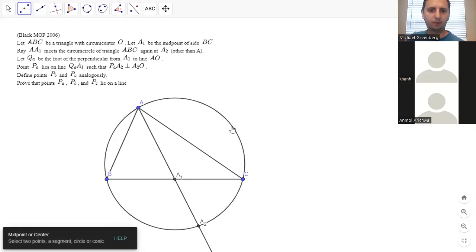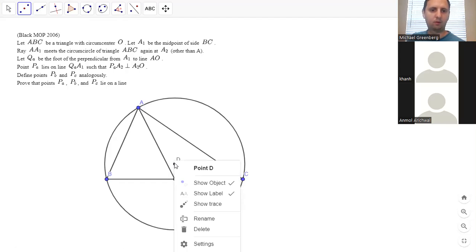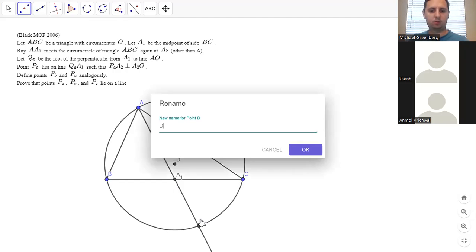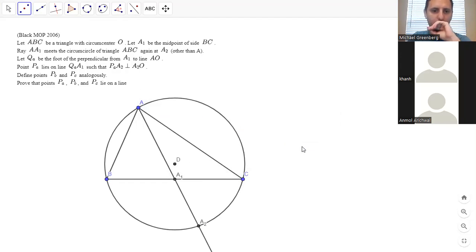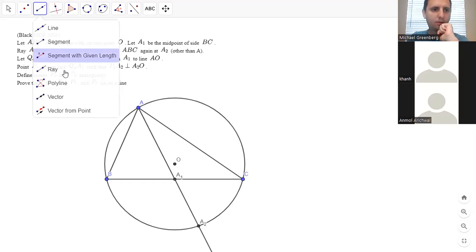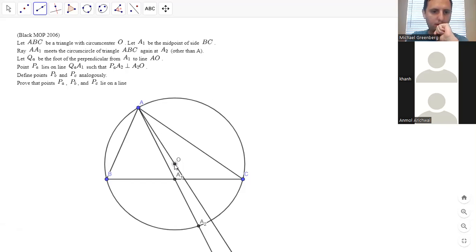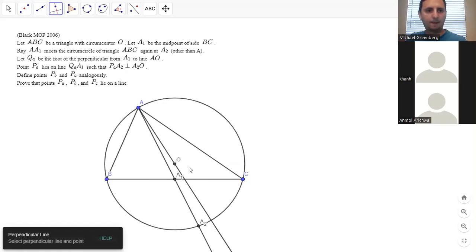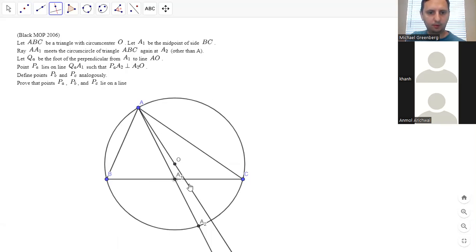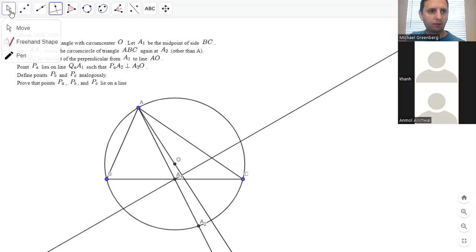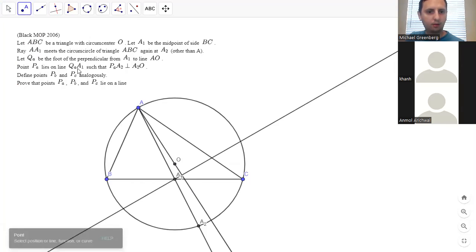Let's draw the center. I'm going to draw that ray. And then, whoops, sorry, perpendicular. Okay, so this is QA.